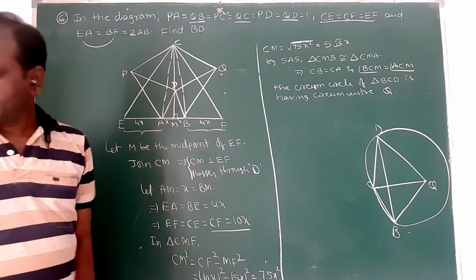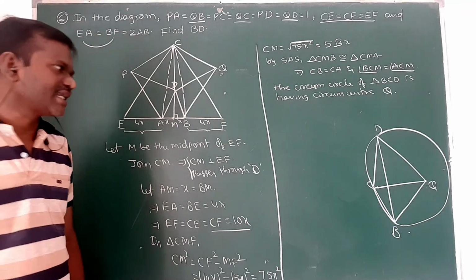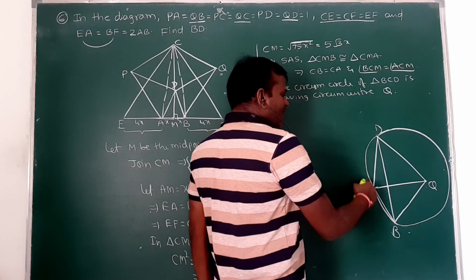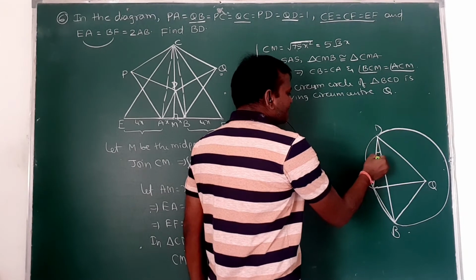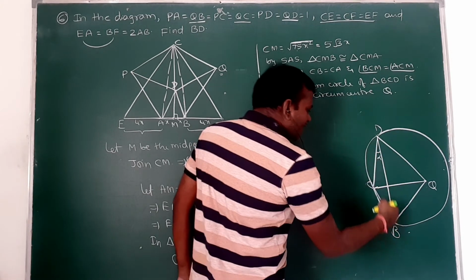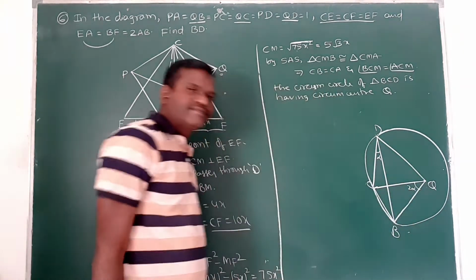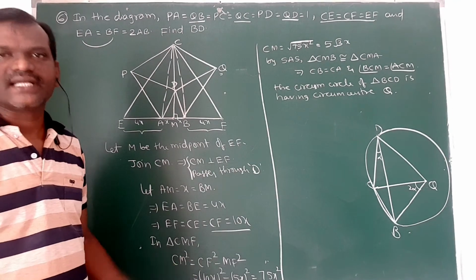One more property I want, the circle property. What is the circle property? Suppose any chord makes an angle alpha at the circumference, then that chord makes 2 times that angle at the center.